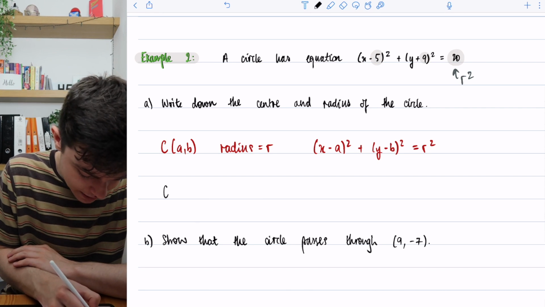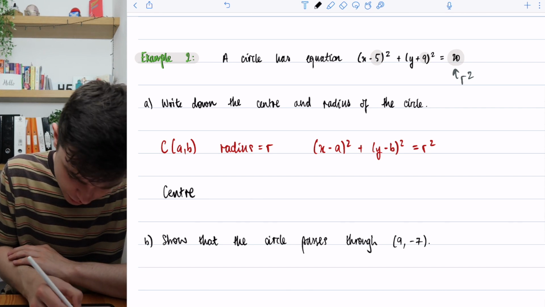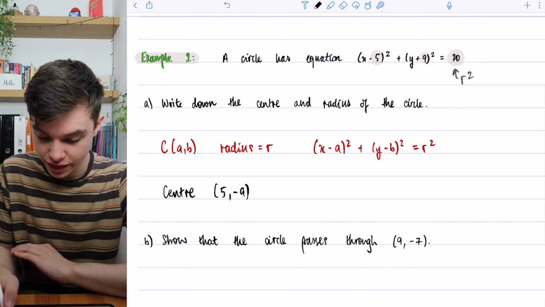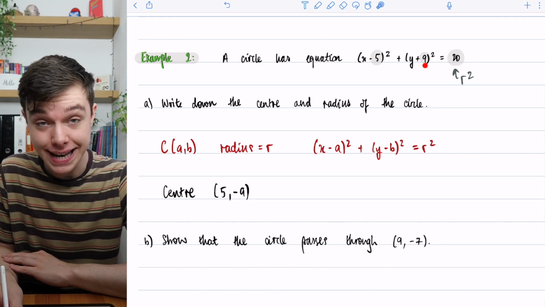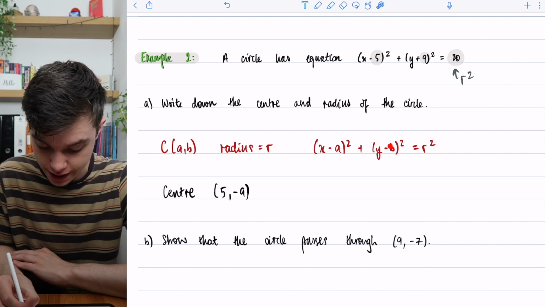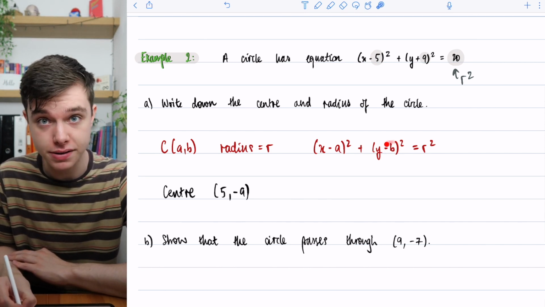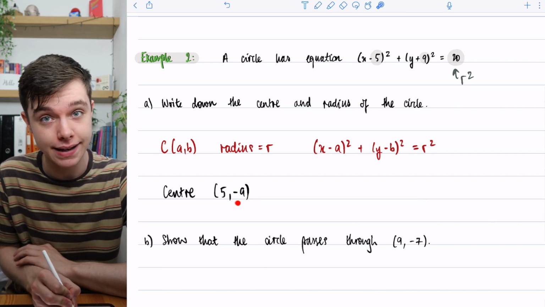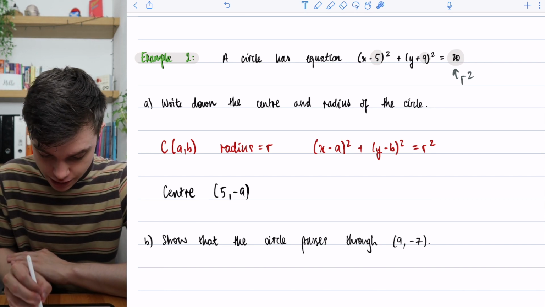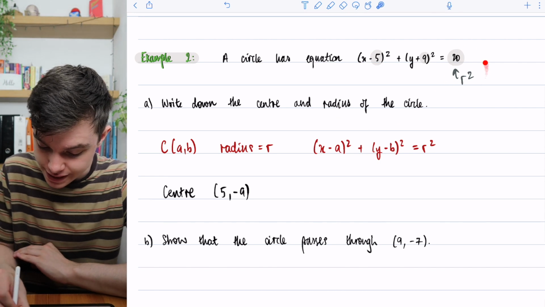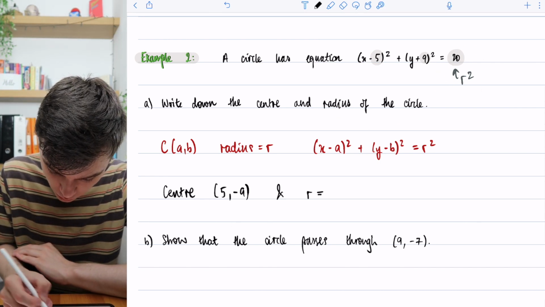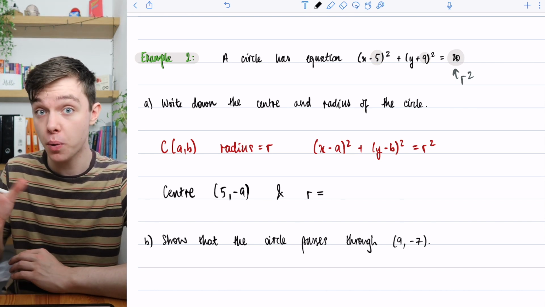So the centre is going to be 5, negative 9, because if we think this is negative 9 and we substitute it into there, we want it to be a positive, so we need b to be negative, we need the y coordinate to be negative 9. And then the radius of the circle: this is r squared, but we don't want r squared, we want r.